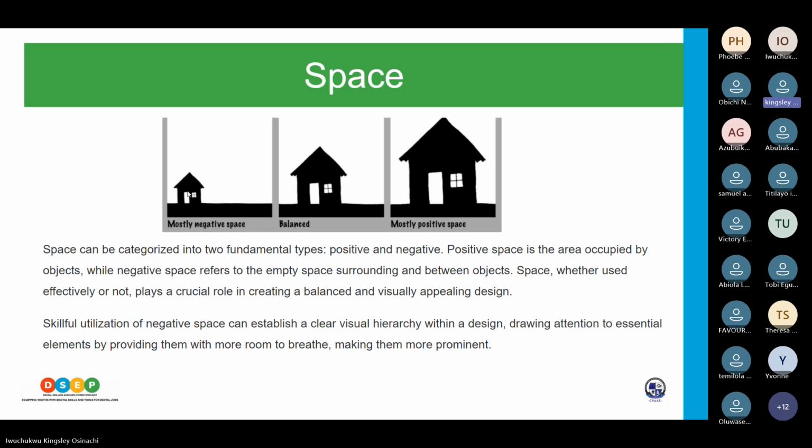If you look at this diagram, this slide, right? You see this first diagram, the black place is covered by this black house, right? This is the positive space. Then you see all this empty space in between. You can call this your negative space, right?